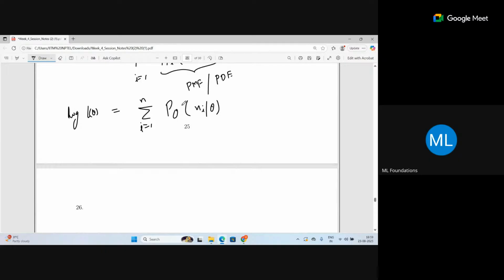You need to maximize this, or in another way you can take a negative of this log likelihood and try to optimize it. Optimization means you can either maximize or minimize. If I take the negative log, the problem of maximization becomes equal to the problem of minimization. Let's say this entire thing is h of theta. I'll take the differentiation and equate it to 0, and then find out the parameters from there.